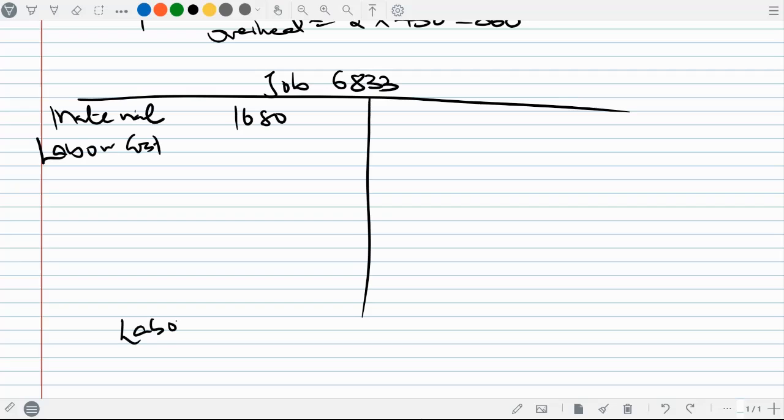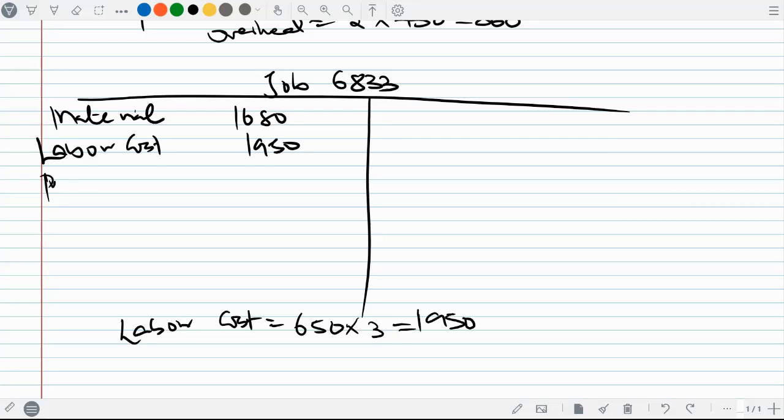So here, labor cost for the job is equal to 650 hours times the cost per hour, which is 3, to give us how much? 1950. Confirm, 1950. What else do we have for this job?